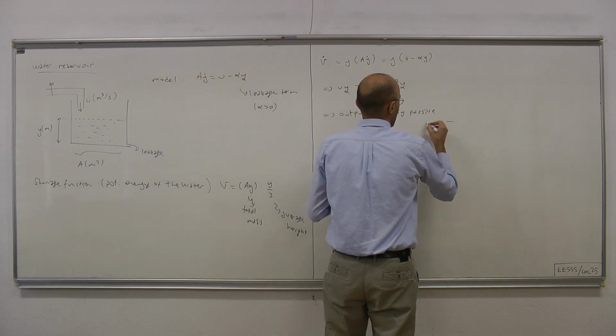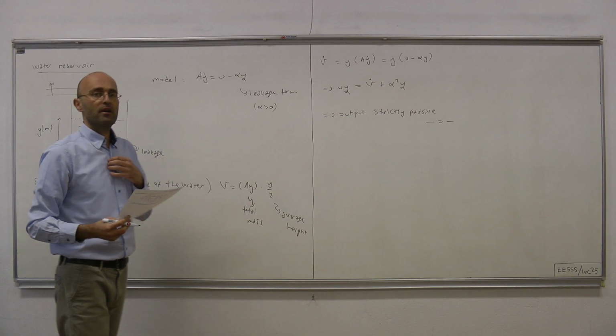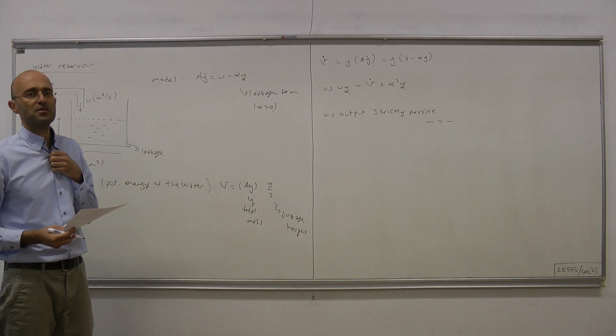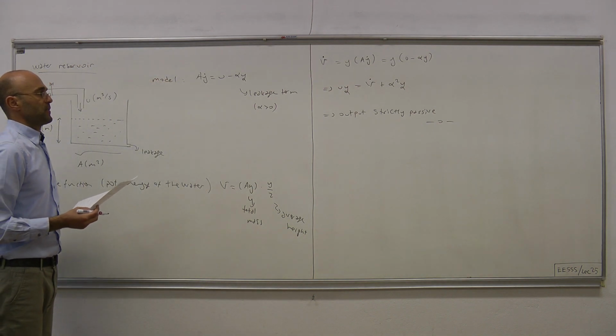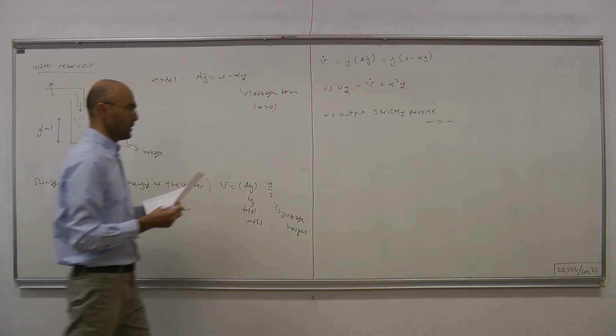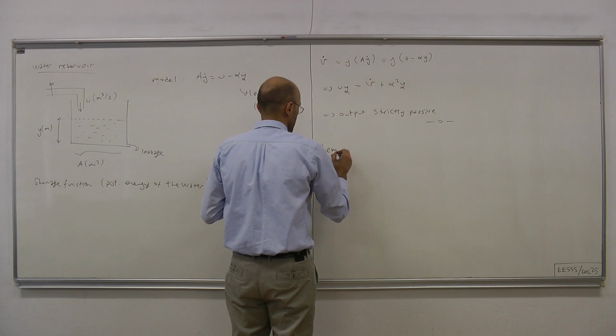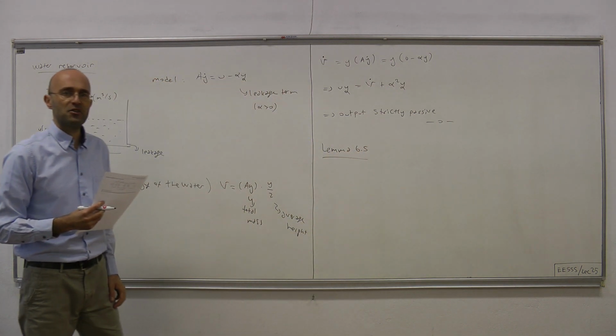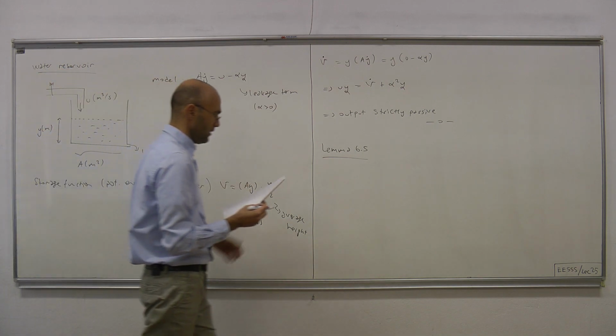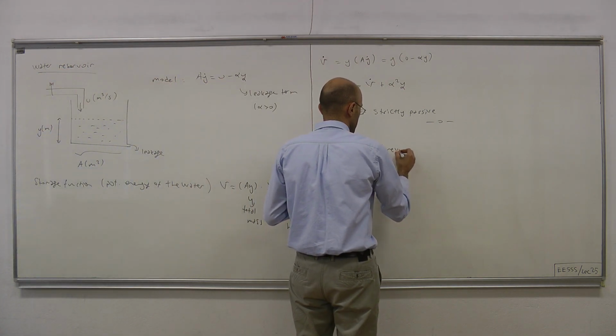We have used, even before introducing all these passivity definitions, a lemma that's related to passivity. So let's remember that lemma. It was lemma 6.5. We used it in our L stability studies, revisited.